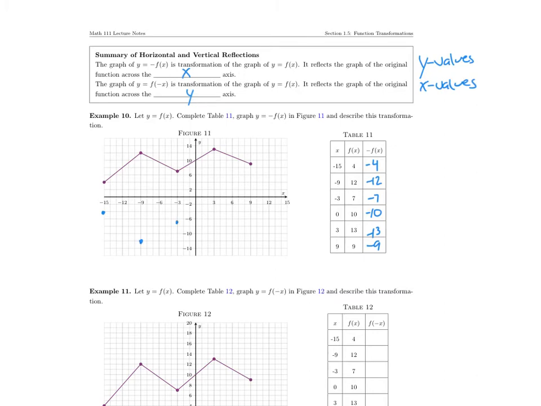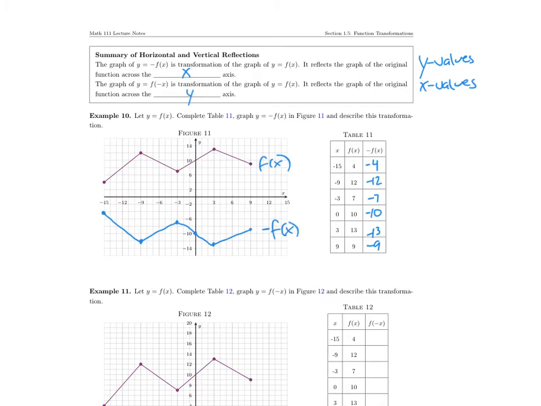Now, some of these are part way through, and that is because the scaling is done by 2. So when we do the 13, it's going to be with 12 and 14. There we are. And we can see that it has reflected itself over the x-axis. So here's our f of x, and here's our negative f of x.